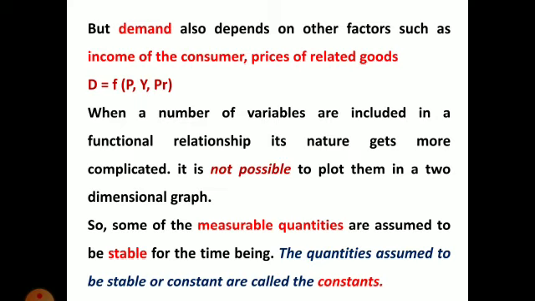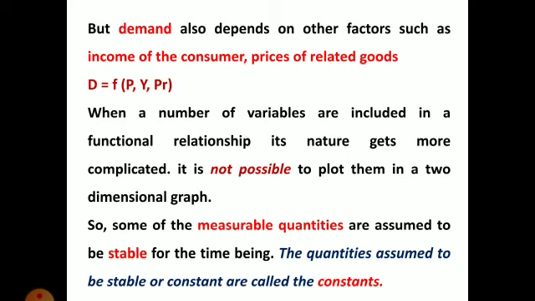Now let's go back to the same relation. D is equal to F of P, Y, and PR. I told you it gets very complicated to analyze such a functional relationship when there are several variables. So what do we do? We assume normally the demand is a function of price, that is P. But we have several other factors such as income and prices of related goods.